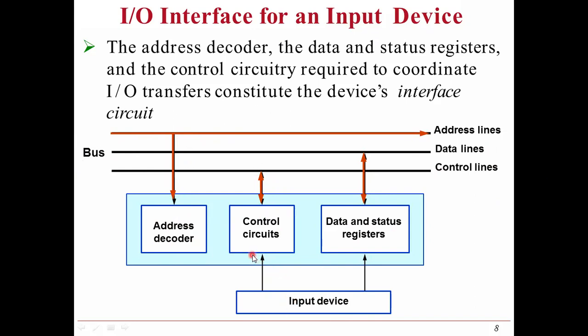The address decoder, the data and status registers, and the control circuitry required to coordinate IO transfers constitute the device's interface circuit. So between devices, how the data transfer happens from which device to which device is coordinated by using the interface circuit.